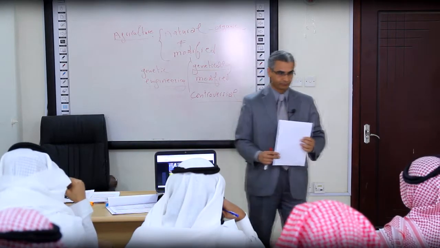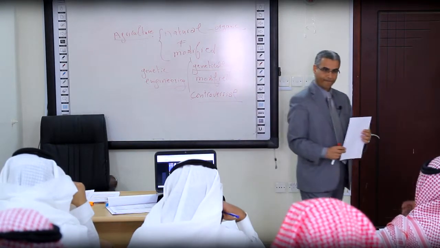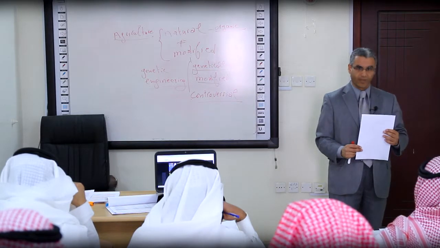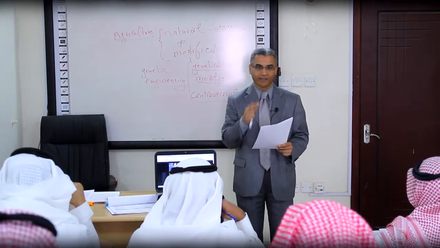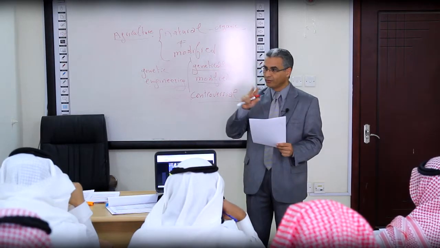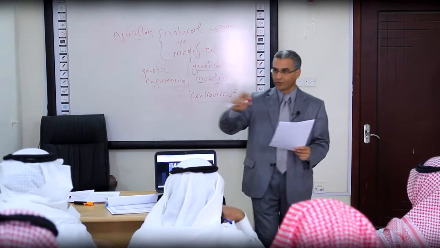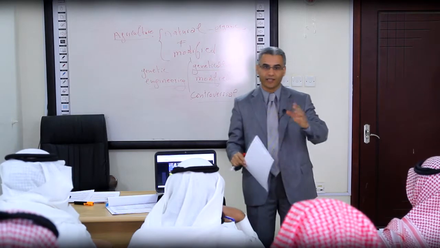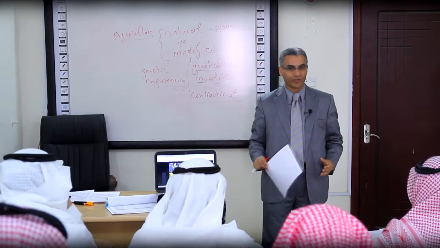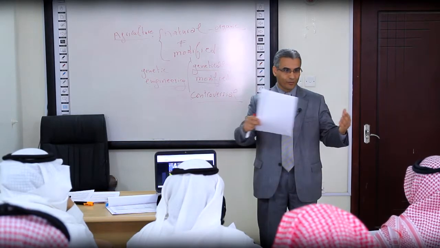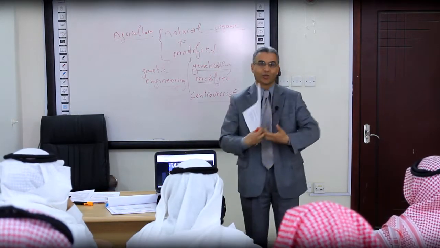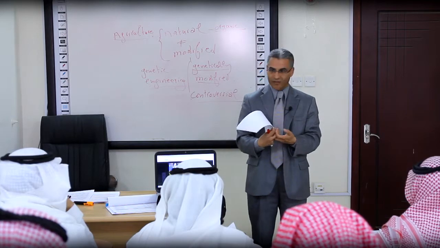Salim? Very good. So the text says that genetically modified food has two kinds of dangers. A danger to human health and also a danger to our environment, which is as important as human health. Why? Because human health and environment are inextricably linked or related to each other.